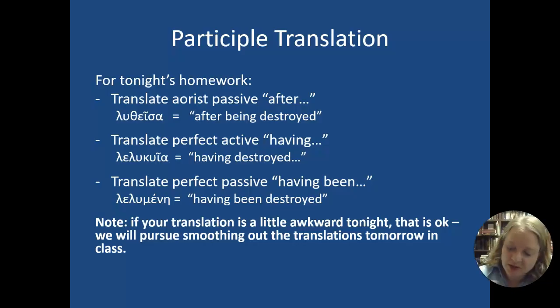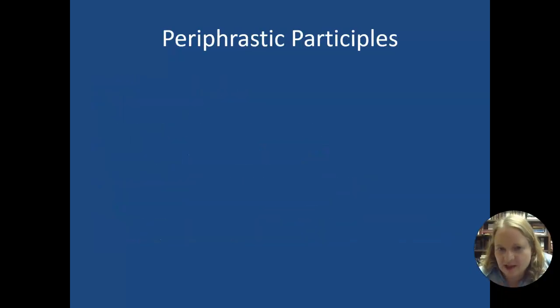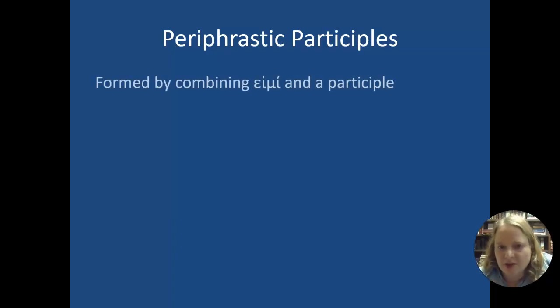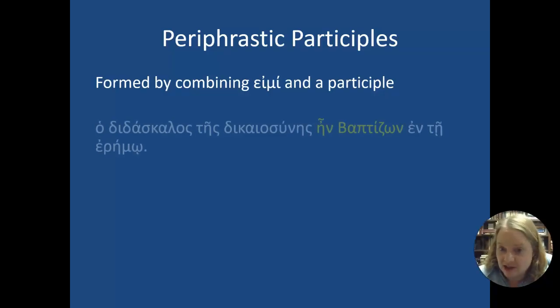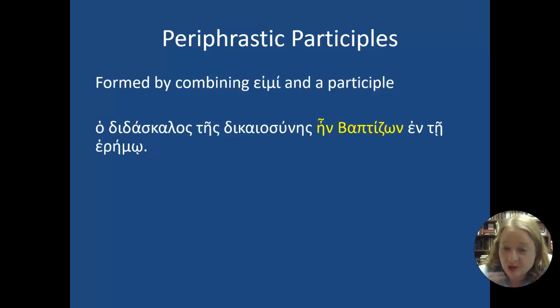Like the previous chapter, there's one other thing in here. I go back and forth about whether or not we even need to tell you about this in Greek because I think it's going to come to you very naturally, but we call these periphrastic participles, in that you take an eimi verb, so a to be verb, an I am, you are, he, she, it is, and we add a participle to it, and you can just put them together. But we do this in English already, so it's just not a big deal for us.